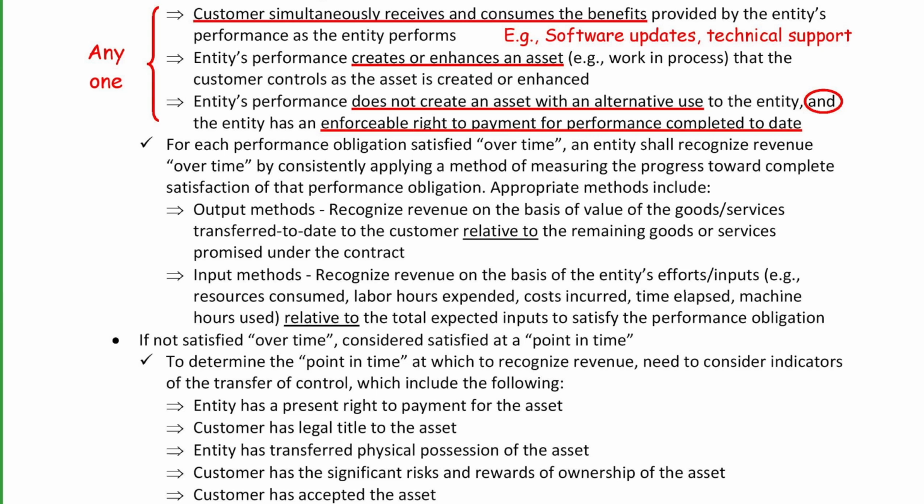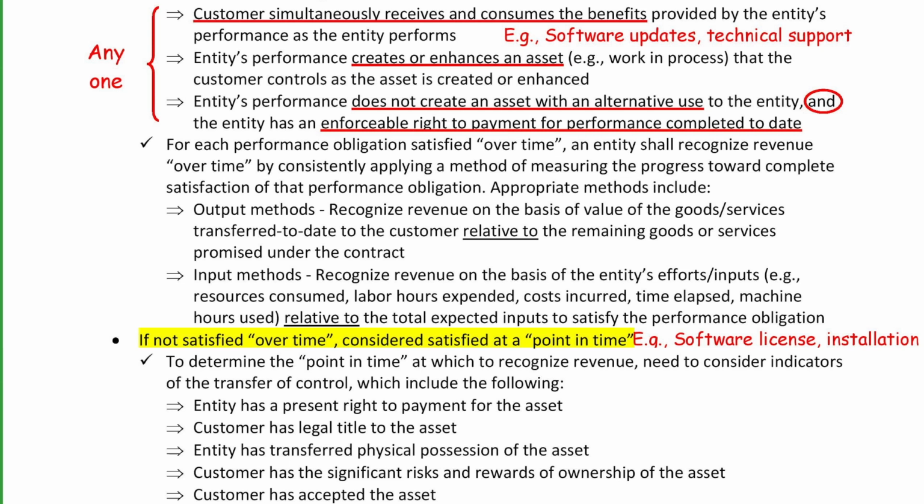So if the performance obligation is highlighted not satisfied over time, consider it to be satisfied at a point in time. And right here, for example, the software license or installation service that we saw for Infosoft, where revenue was recognized right now, right at this point in time.